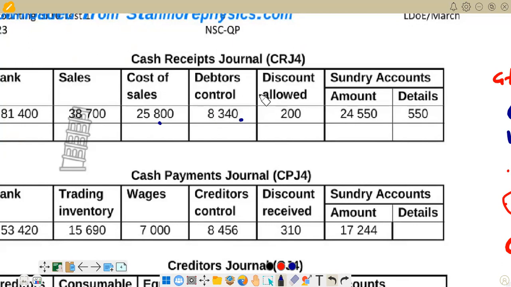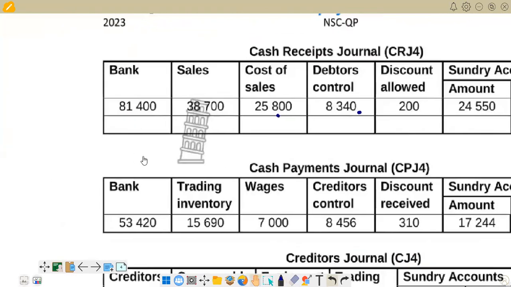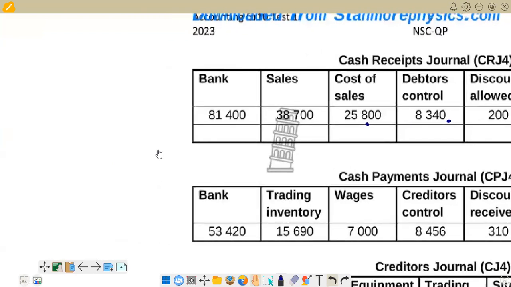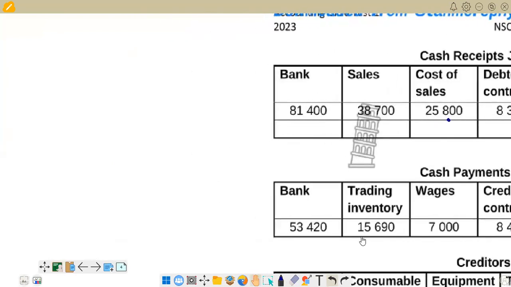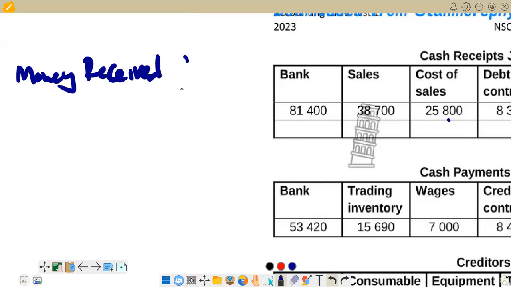So what happens here now, we can also summarize in terms of the double entry that is there. This is the amount that has been paid by the debtors, and we are receiving the money. So we are saying payments by debtors, money received from debtors. Remember, debtors are customers who are owing us money.